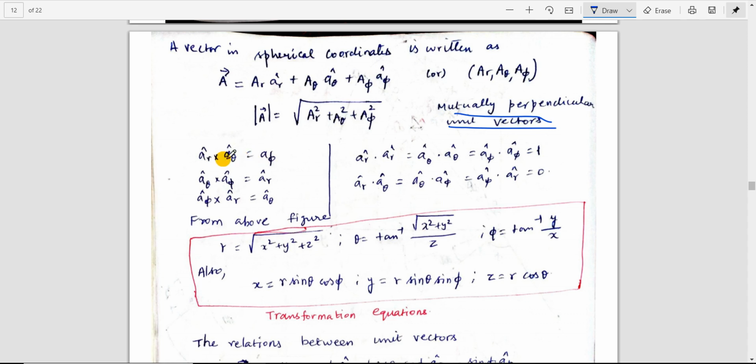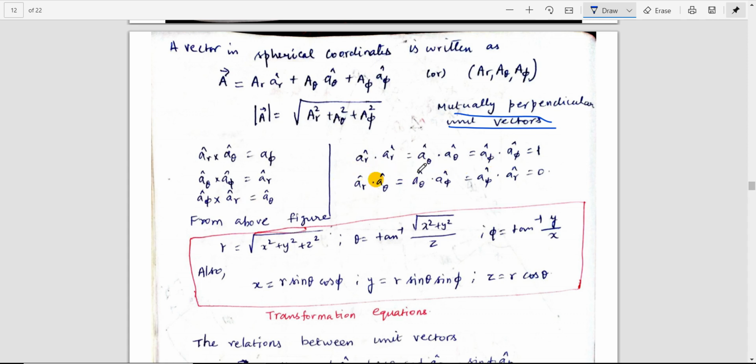The angle between these two is 90 degrees, so sin 90 is 1. So we have generated a phi, and as such we can represent a theta cross a phi is equal to ar vector, and a phi cross ar vector is equal to a theta vector.